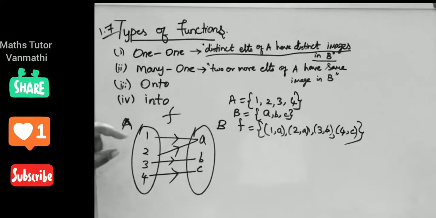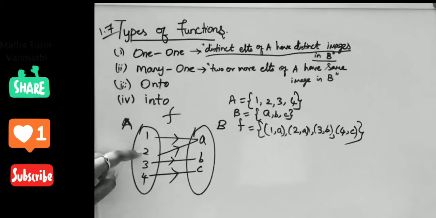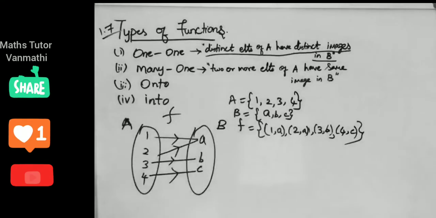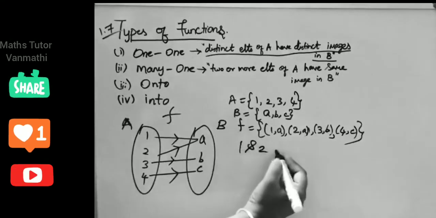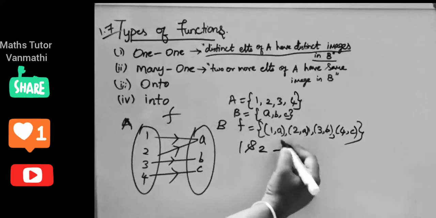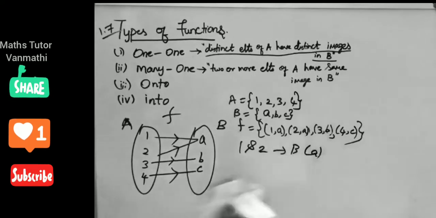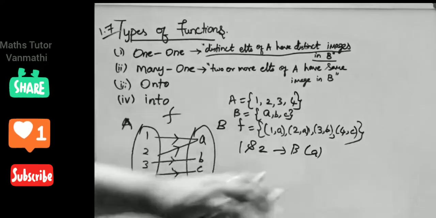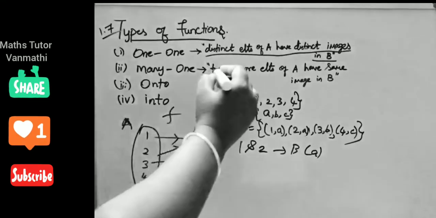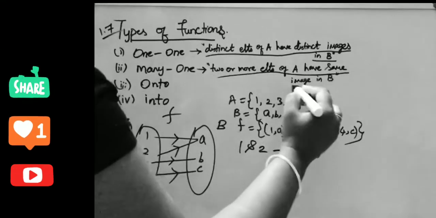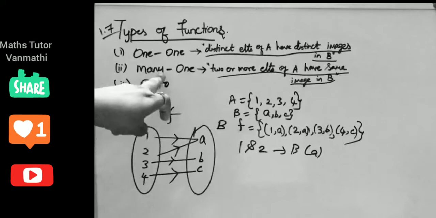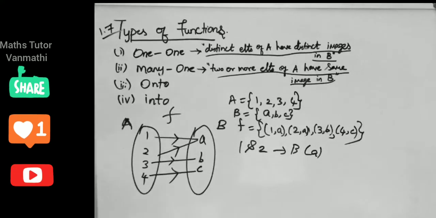And here 1 and 2 have the same image in B, that is a. So from this we can say that two or more elements of A have the same image in B, which implies this is a many to one function. Next we can move on to the onto function.